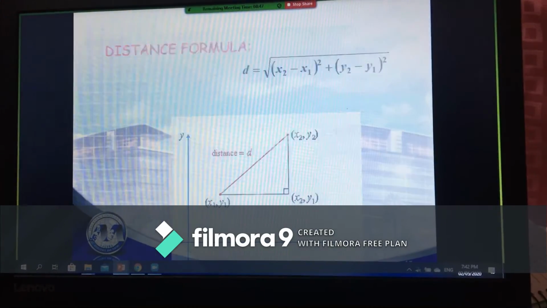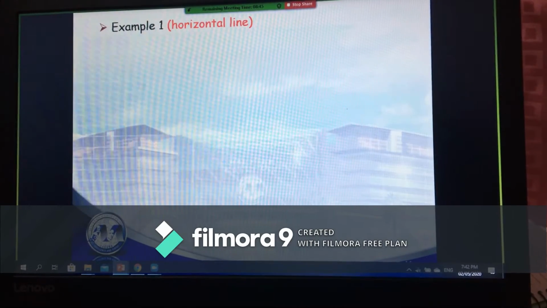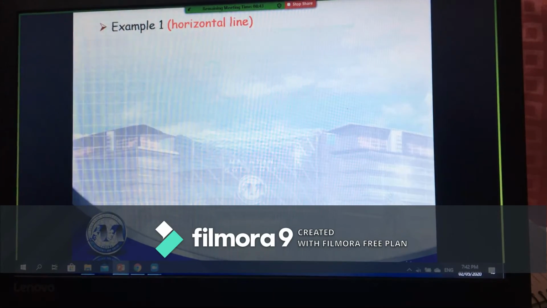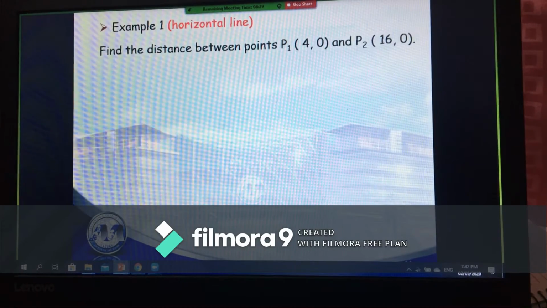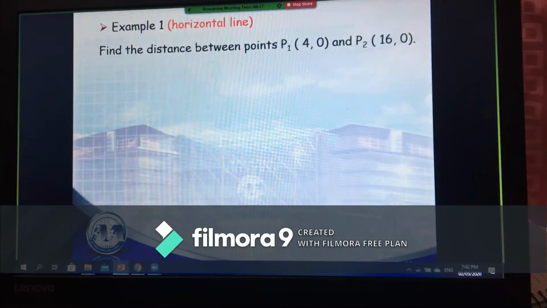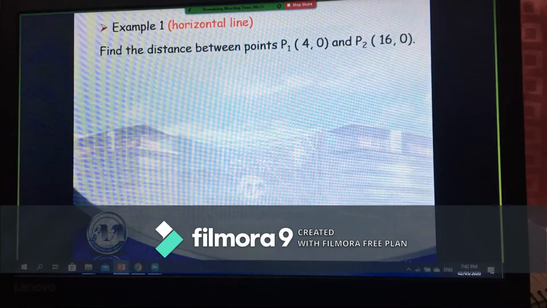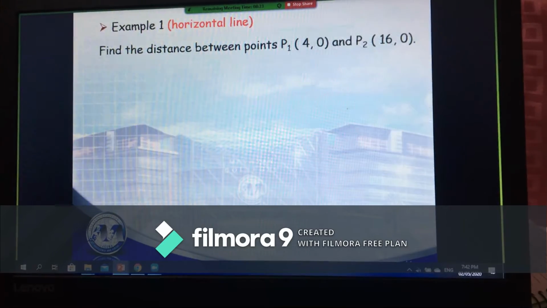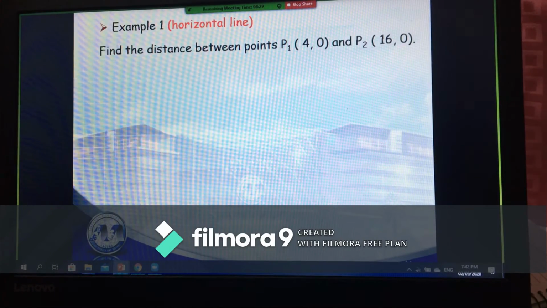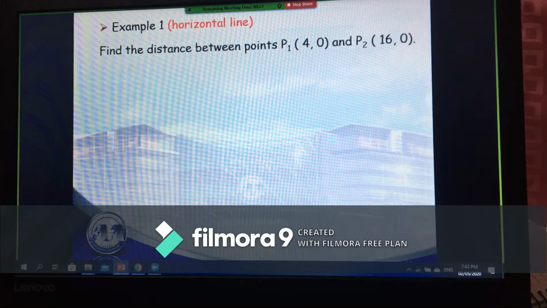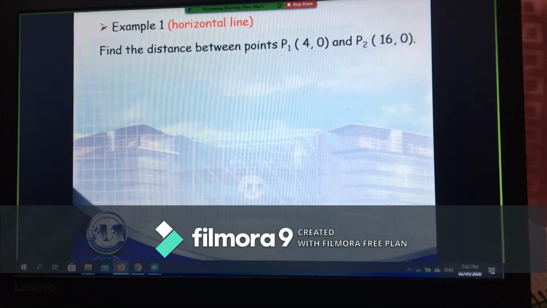Okay? Now let's take some example. Now what's your answer here? Find the distance between 2 points. The points are P1, coordinates 4, 0. P2, coordinates 16 and 0. So what's the answer? What's the distance between P1 and P2?